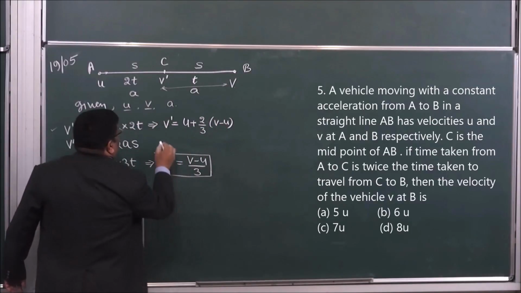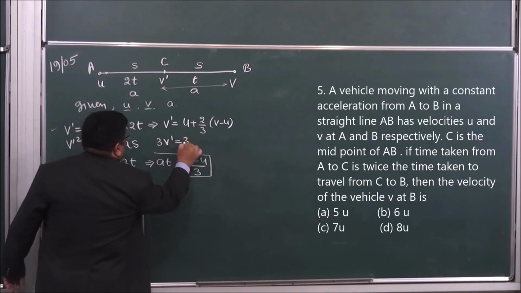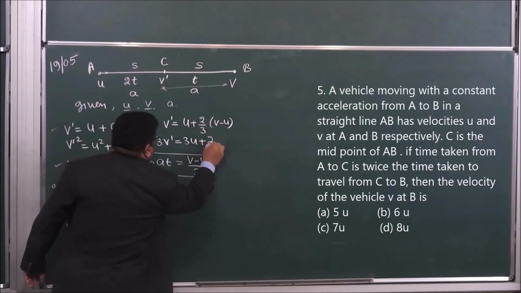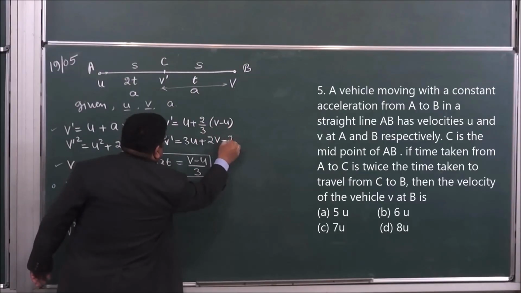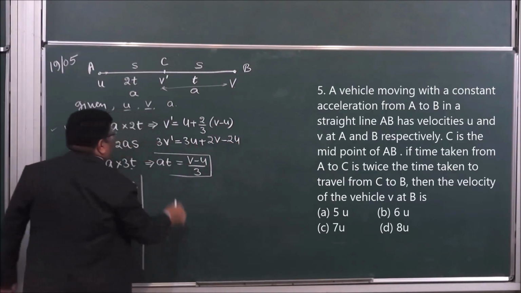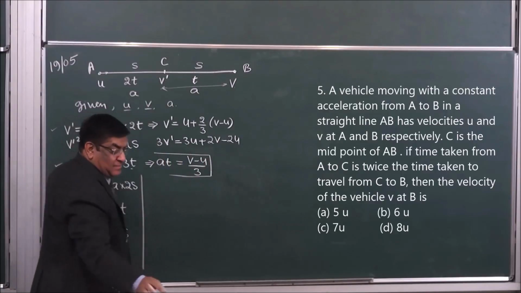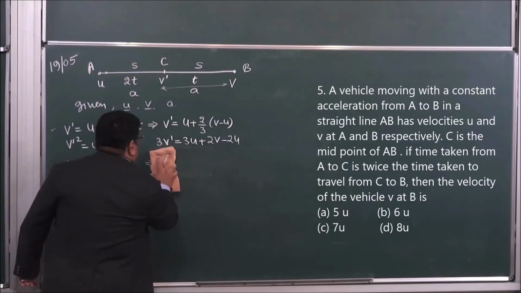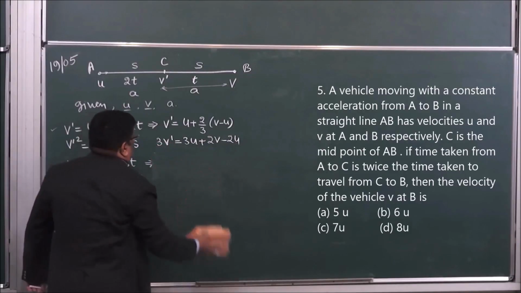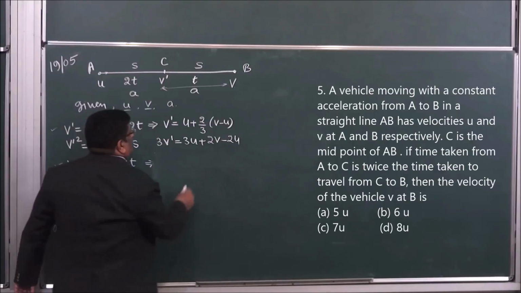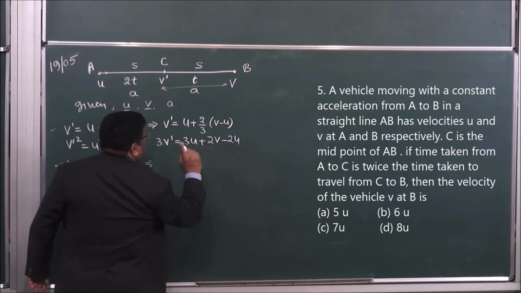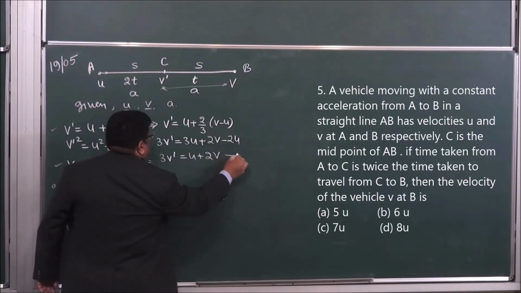Multiply this with 3 and it will be 3v dash is equal to 3u plus 2v minus 2u. Simplify this: 3u minus 2u is equal to u. So 3v dash is equal to u plus 2v. Okay, let's keep it.